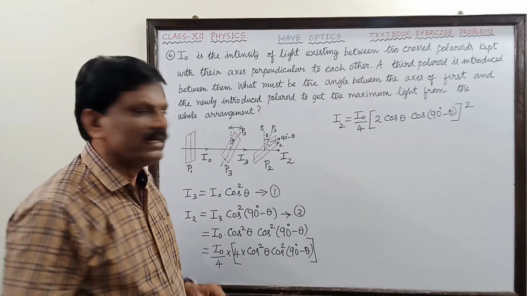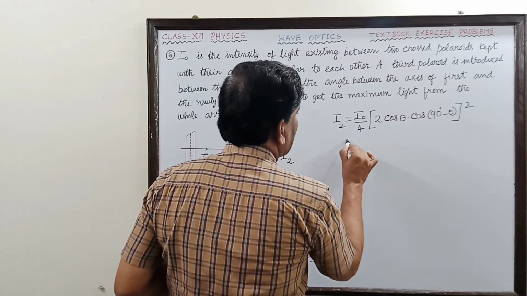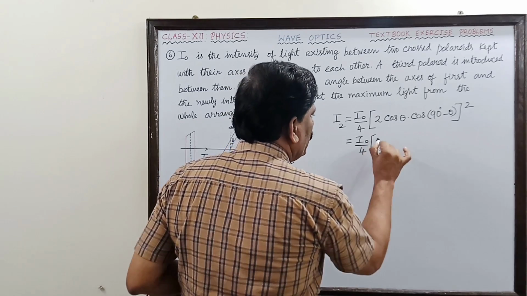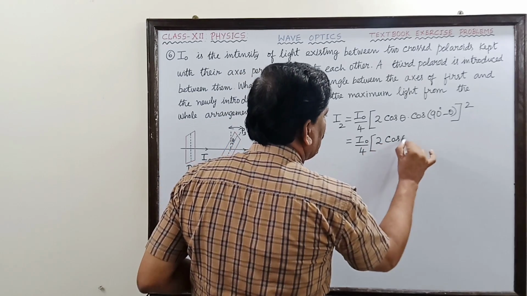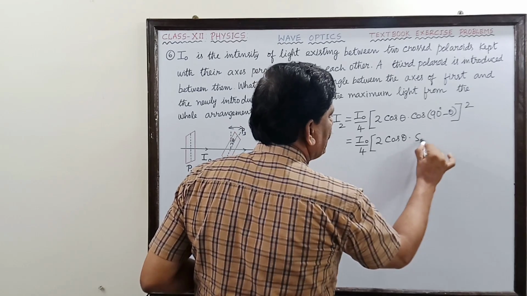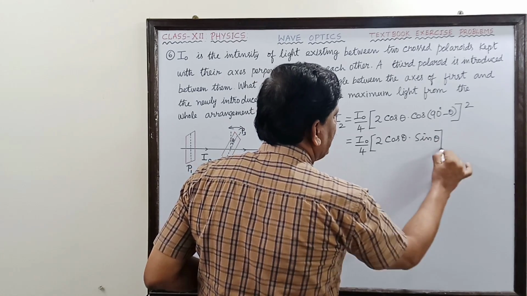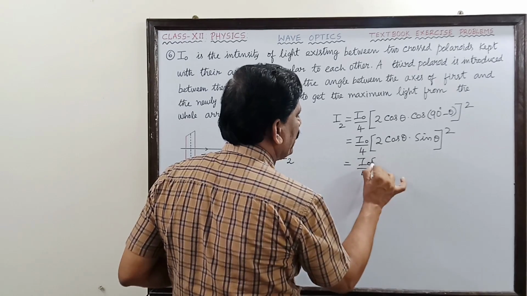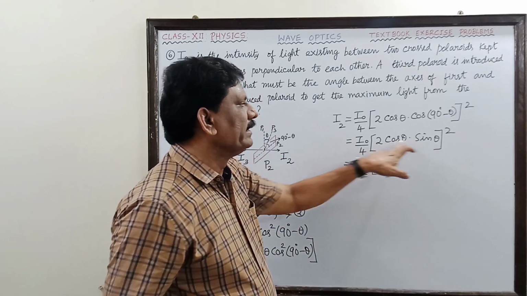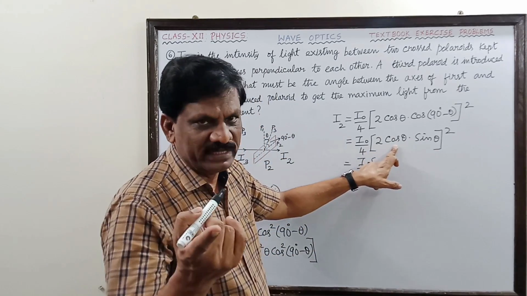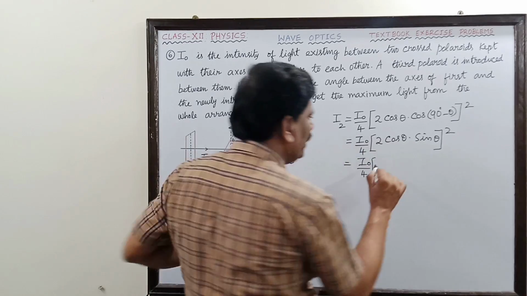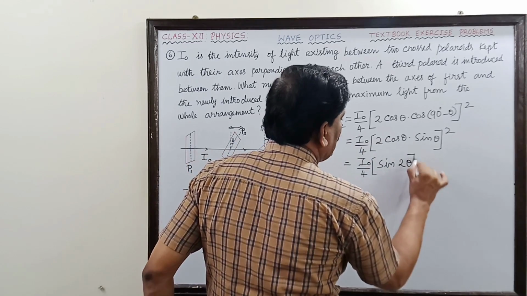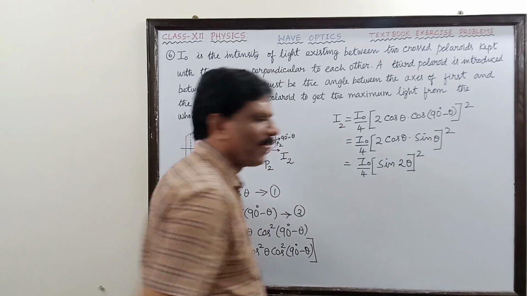Now cos 90 minus theta is sin theta, so I2 is I0 by 4 into the whole square of 2 sin theta cos theta. 2 sin theta cos theta is sine of 2 theta, a theorem in trigonometry. So I2 is I0 by 4 into sine square of 2 theta.